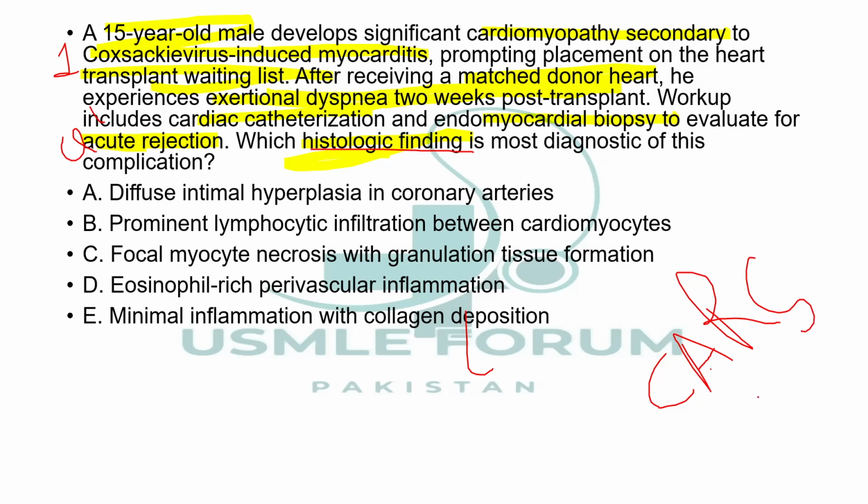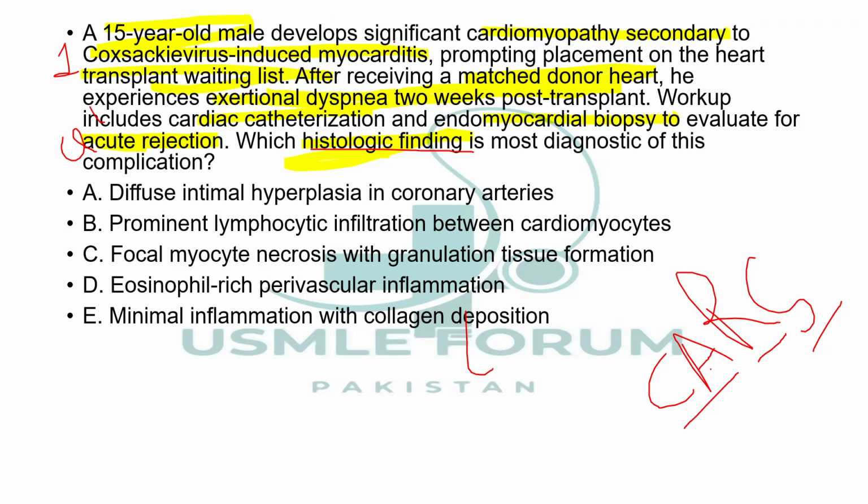The mnemonic we use to remember those organisms is CARS, C-A-R-S. C represents Coxsackie A, R is rickettsia, and S is syphilis. So these microbes cause a rash that involves the palms and the soles. You have to remember that, as that is high yield on the NBME and in the USMLE.